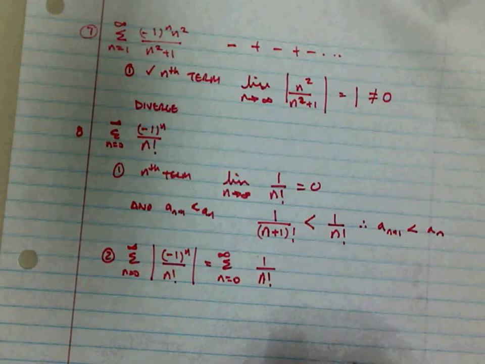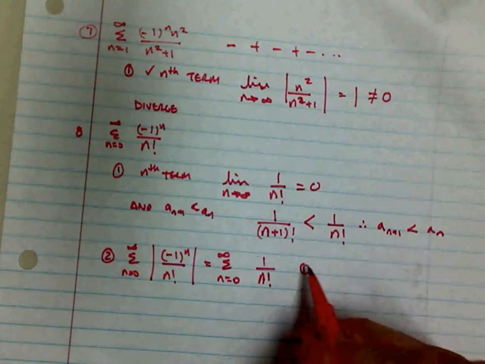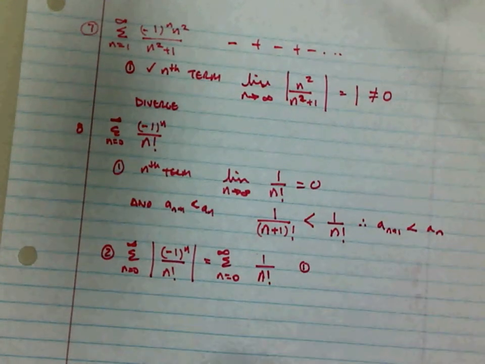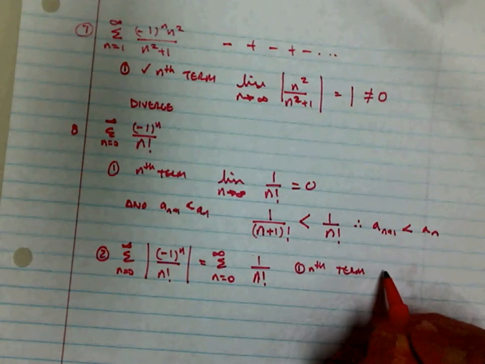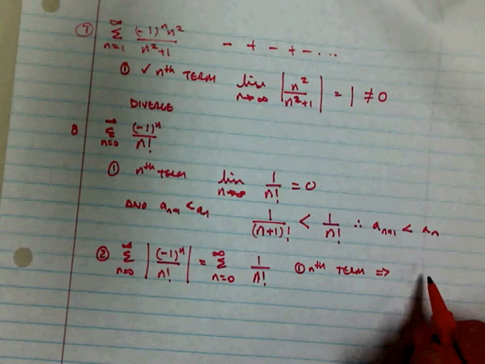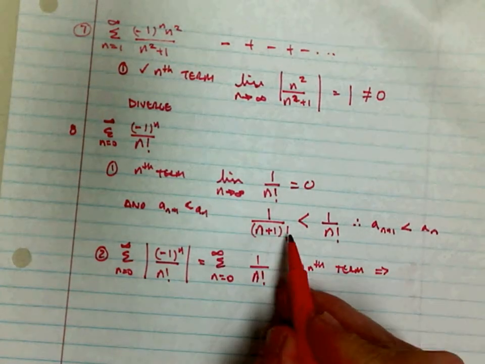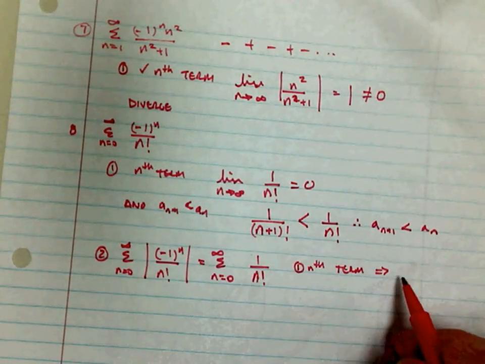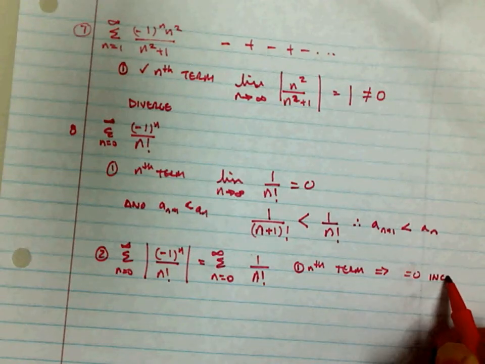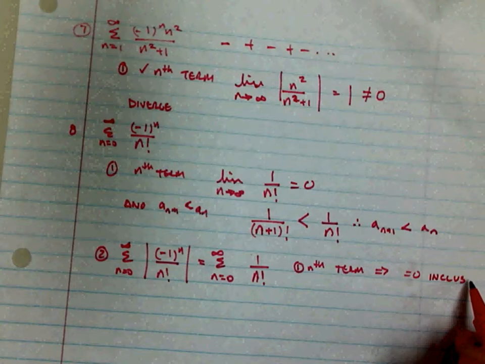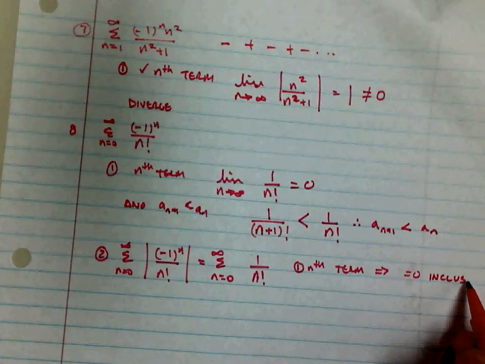Well, there's a series of tests that we could use for this. The first one we might consider is the nth term test, but as we've shown up above, using this factorial, we already showed that this equals 0, which in and of itself is inconclusive. Sorry about the spelling here. Try this again.